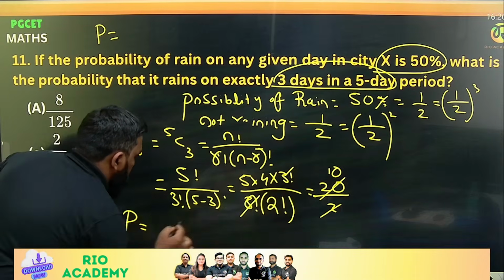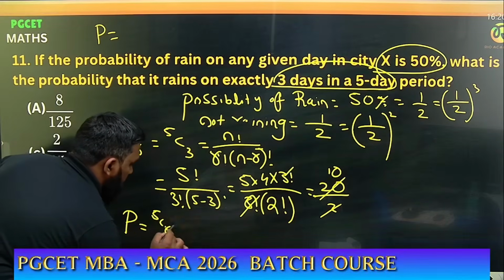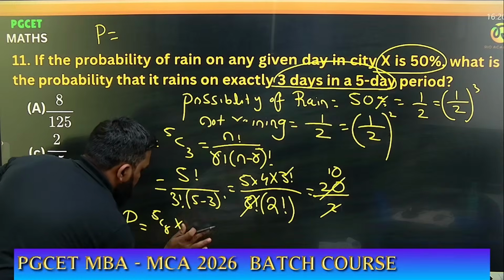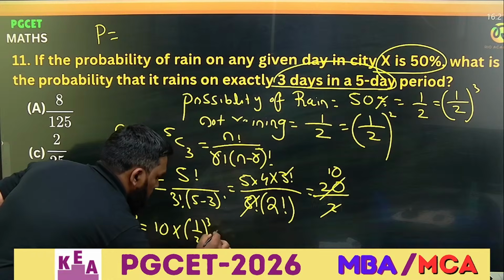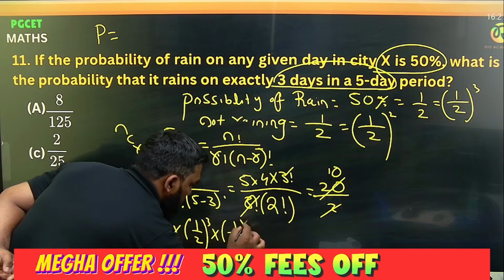First we have 5C3, which is 10, into (1/2) cube into (1/2) square.